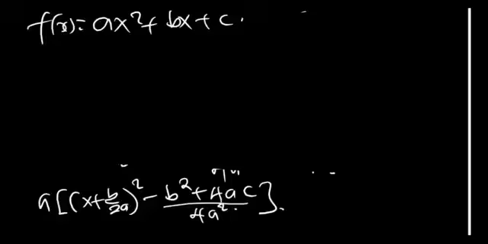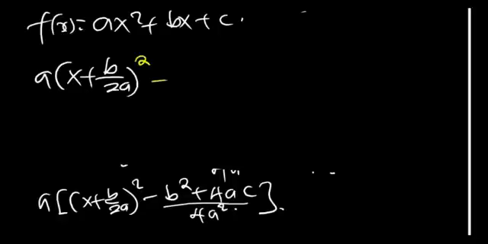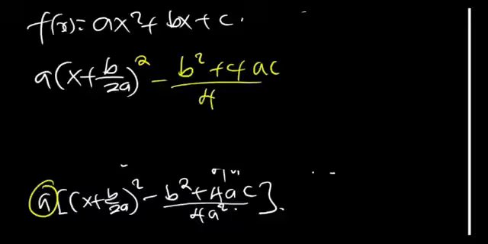So what we're going to have here is a(x plus b over 2a) squared. So minus, this is going to be cancelled with the a down there. So we are going to remain with negative b squared plus 4ac over 4a.